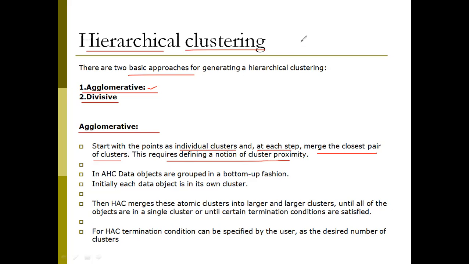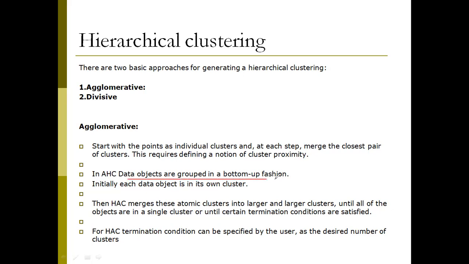If you see agglomerative hierarchical clustering step by step, data objects are grouped in a bottom up fashion. How are the clusters formed?